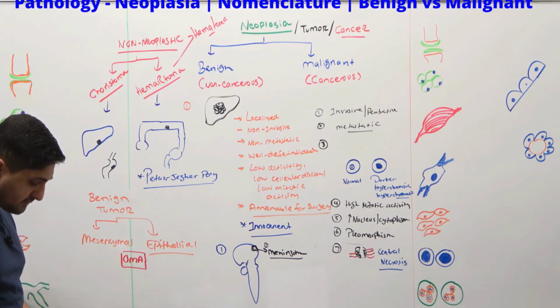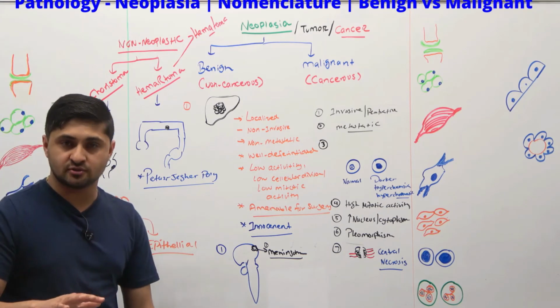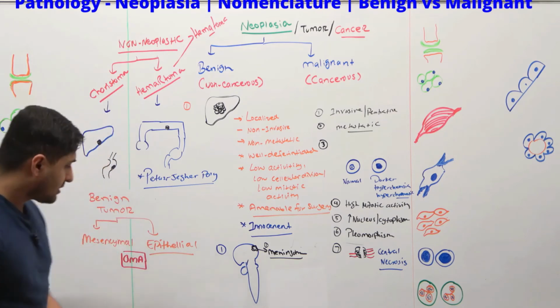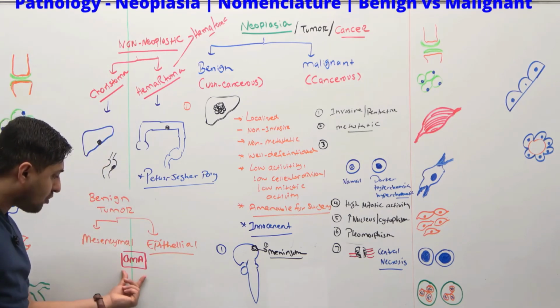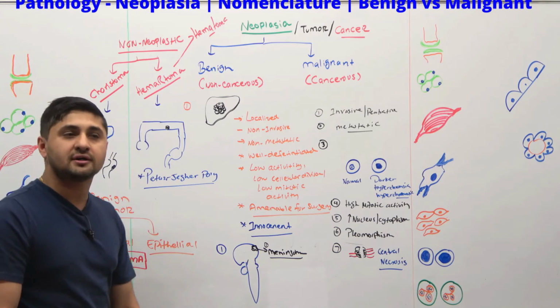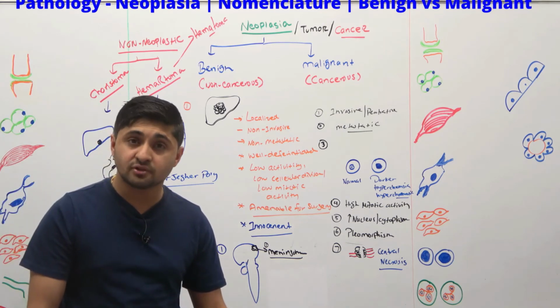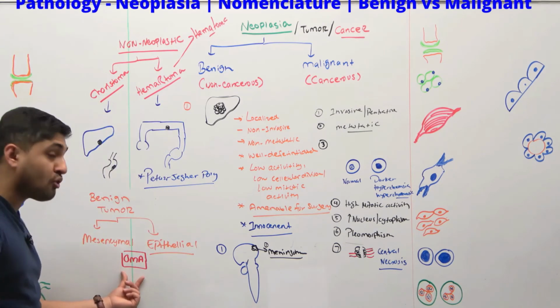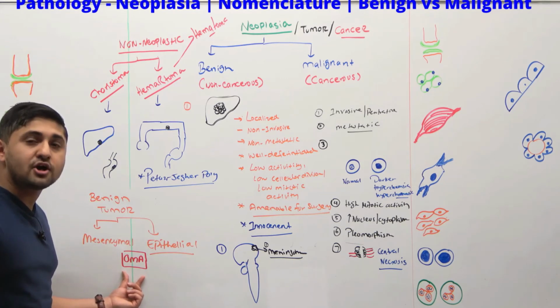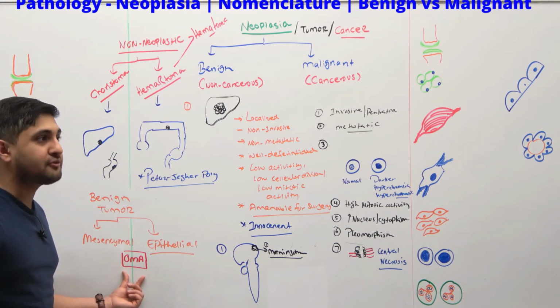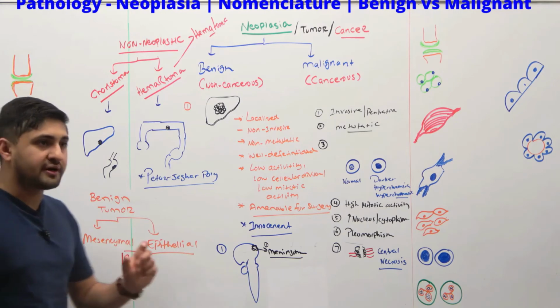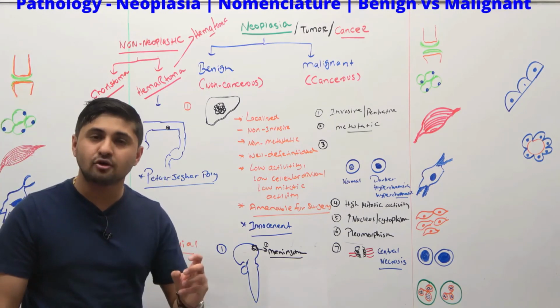But remember one more thing: there is an exception. Not every tumor that has "oma" in it is benign. There are some tumors that have the suffix "oma" but are malignant. For example, melanoma is a malignant tumor.